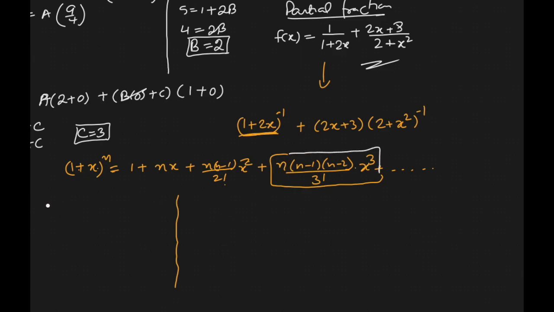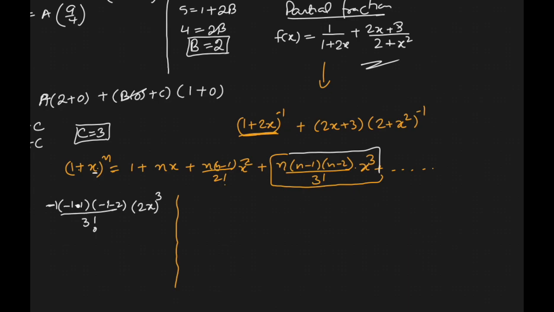n is minus 1, then n minus 1 will be minus 1 minus 1, then n minus 2 will be minus 1 minus 2, divided by 3 factorial, x cube. In place of x cube, that's the key here, we'll write (2x) cube, because in place of x in the formula we have 2x. That's what I'm writing here.